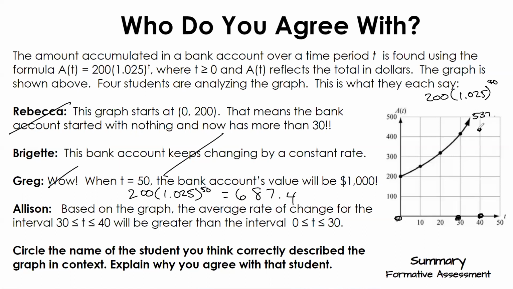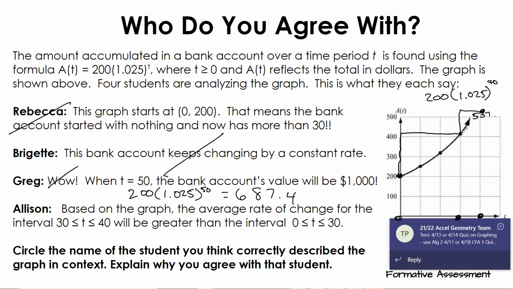Okay, so 537 here. This only changes like this much, right? Over a 10 period. Over here, from 0 to 30, we go from 200 and we go up to like 400 and something, right?